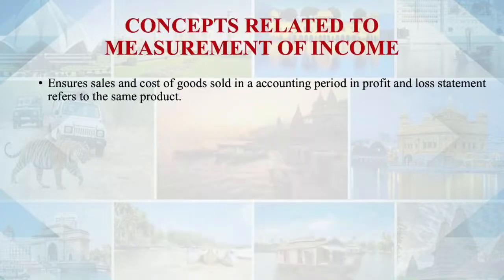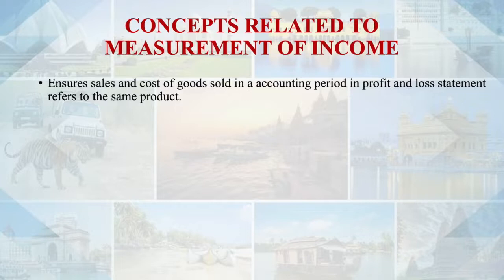This particular concept ensures that the sale, that is the revenue, and the cost of goods sold, that is the expenses related to the production of those goods and services in that particular accounting period for which you are preparing a profit and loss statement, are recorded.